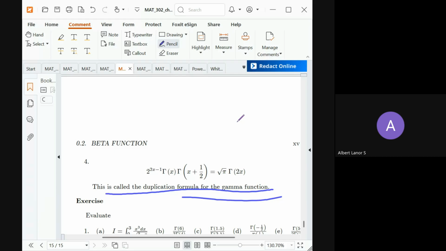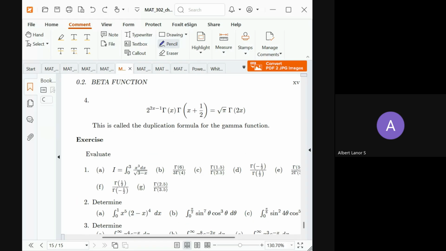So if it's from 0 to any other value, then you may have to change the limits. And if you change the limits, it's going to affect the functions. You know that if you are integrating something and then you change the variable, you have to also change the limits. So if you are changing the limits, it will also affect the functions inside it, but it's possible to do it. Okay. All right.